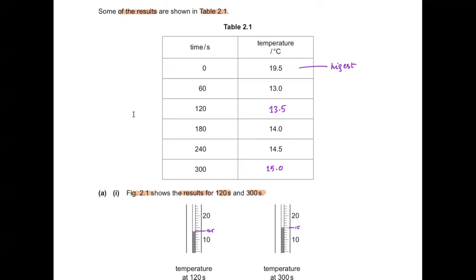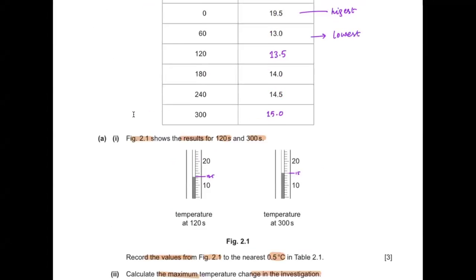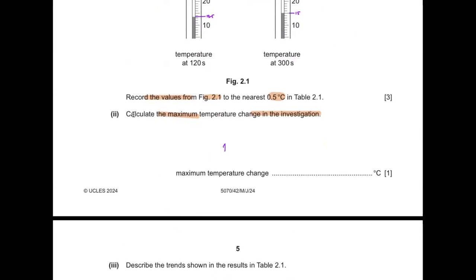And if you see, the lowest one is this one, right? So the greatest temperature change would be the highest temperature minus lowest temperature. So it is going to be 19.5 minus 13.5. So on subtracting these two values, you will get the result of 6.0, right? Is this clear to all of you?